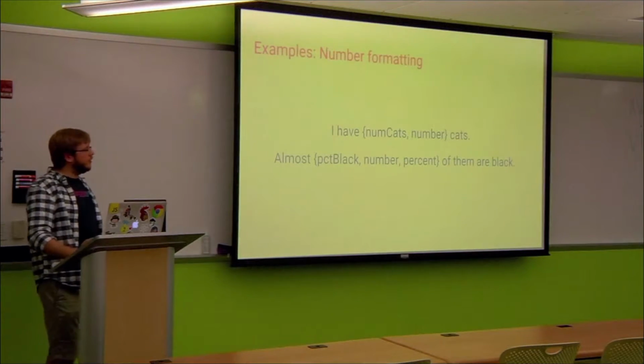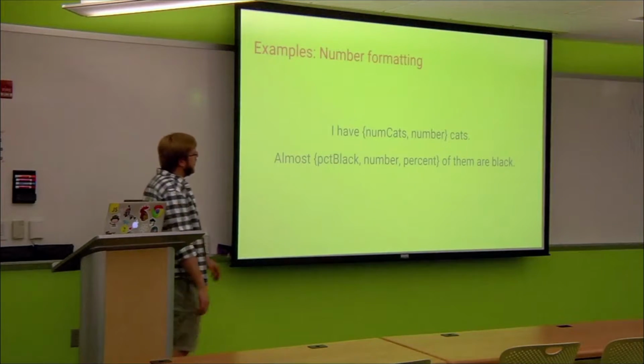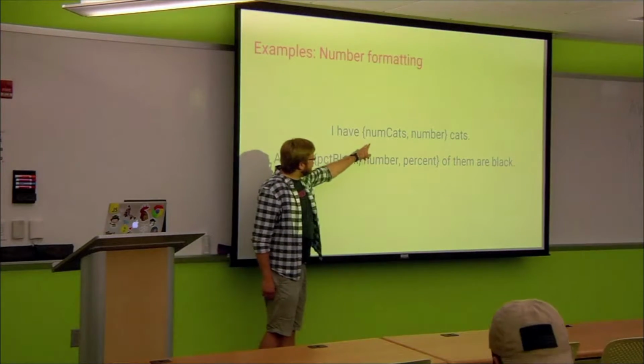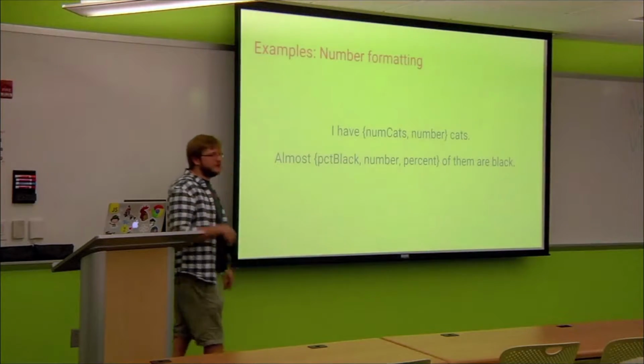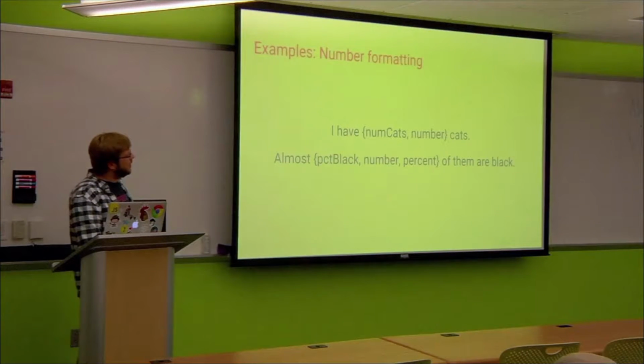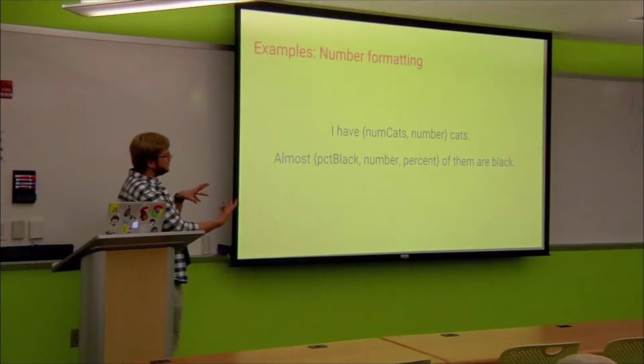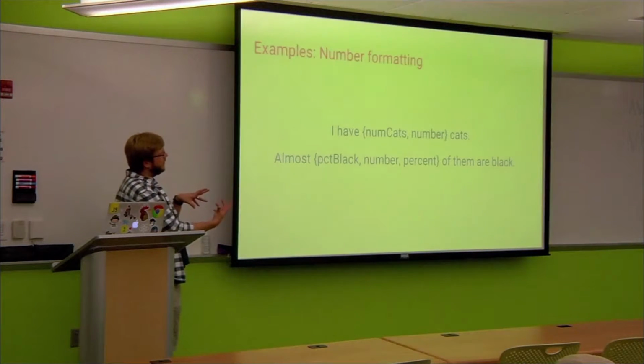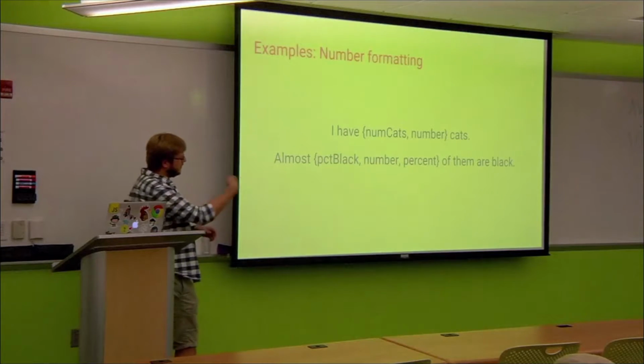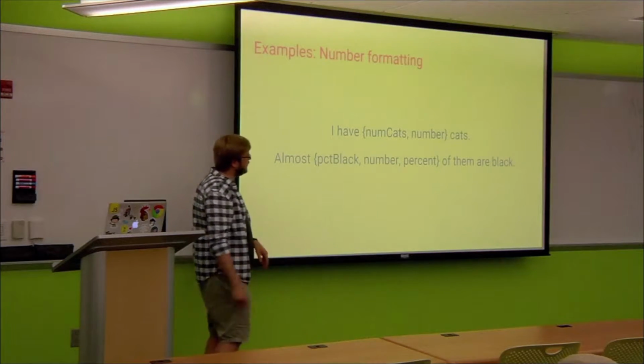Number formatting. In addition to your variable placeholder, there are different formats that you can tack onto the end. So this is a look at numbers. Here I'm specifying that I want to represent numcats as a number. And then there's another additional format on top of that.